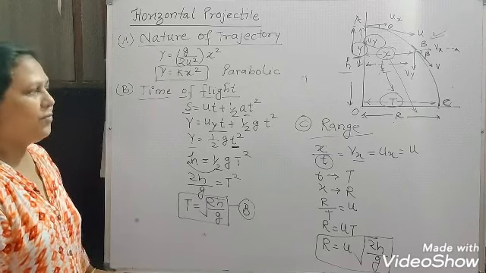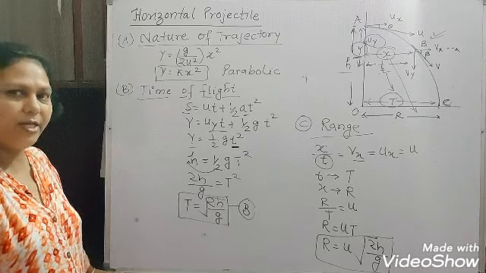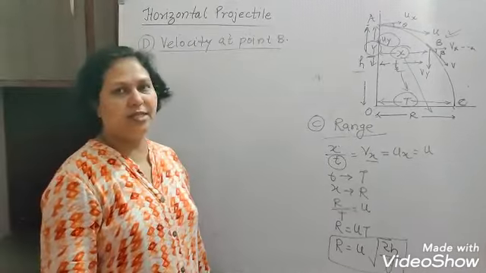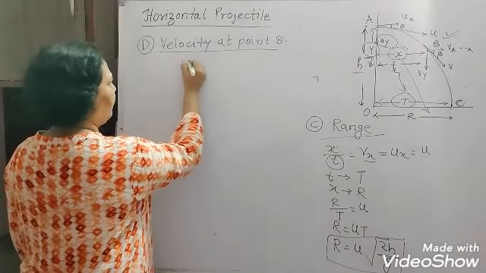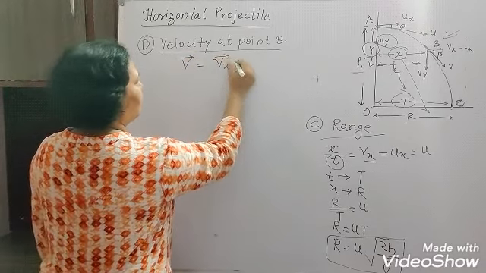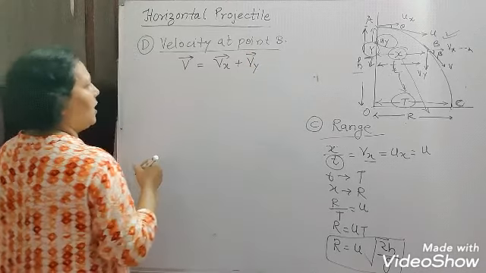Okay, now after that we'll see the resultant velocity at point B. Now we'll see velocity at point B. For that we have already derived the formula that velocity v is the resultant of the two components vx and vy.